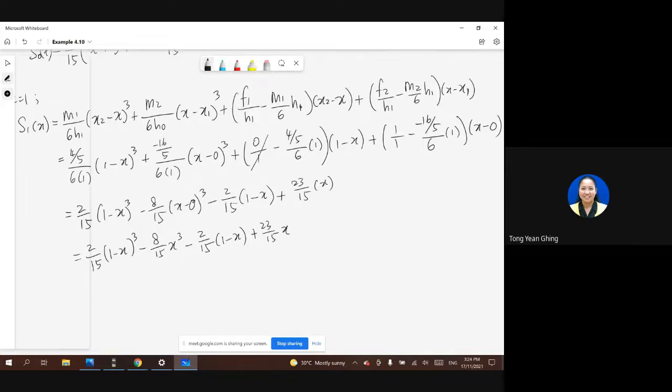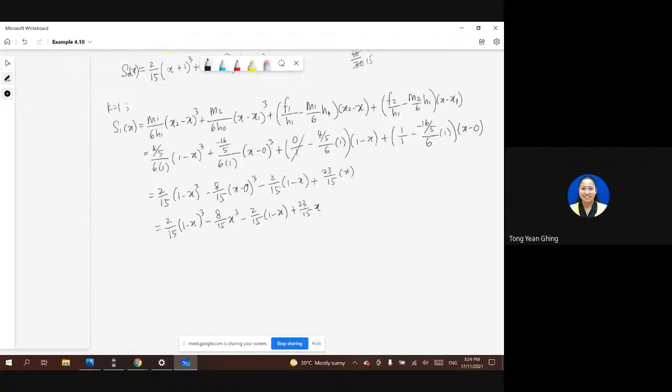Okay, all over 15 already. Then continue when k equals 2. We have to do it until n minus 1. So n is 3, which means we have to do k equals 0, 1, and 2.